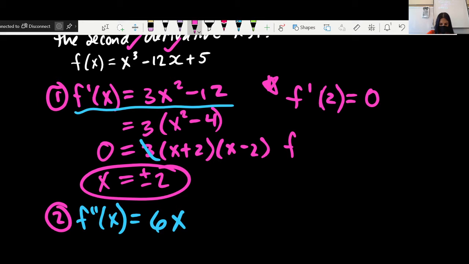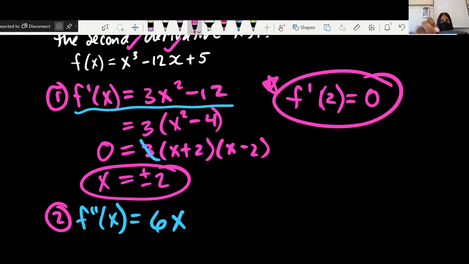If I now take the second derivative down here, f double prime of 2, I get that it's equal to 12, which is greater than 0.